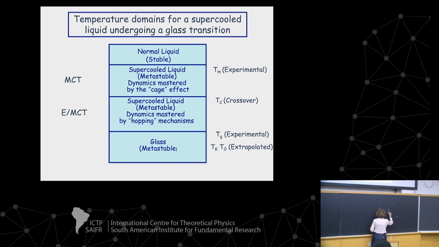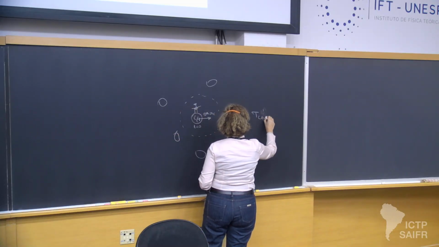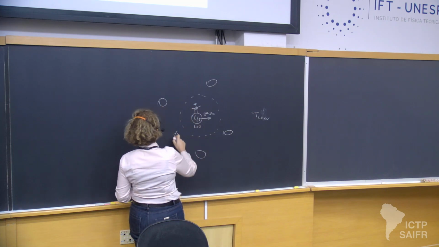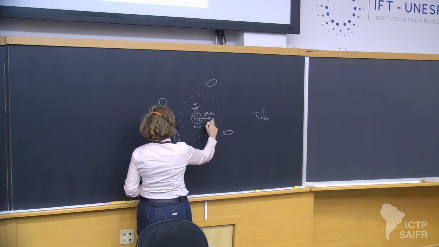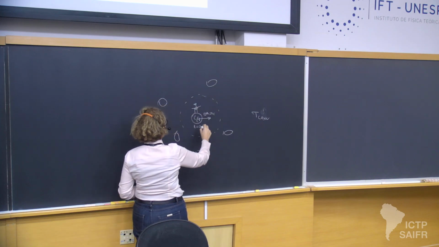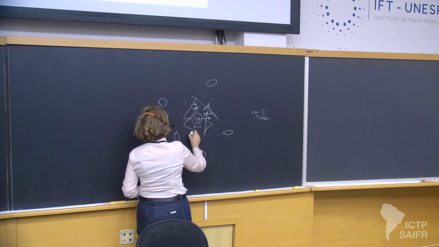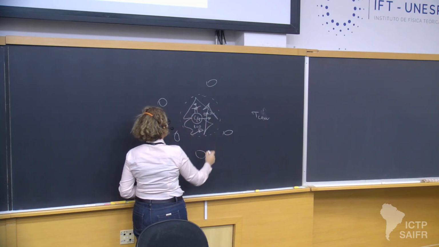So I start at T equal to 0, I start ballistic. But the temperature is going down, and the particles are very slow. So when I start moving, I feel the trapping of this cage of particles, and at intermediate times I rattle in the cage and I cannot move.